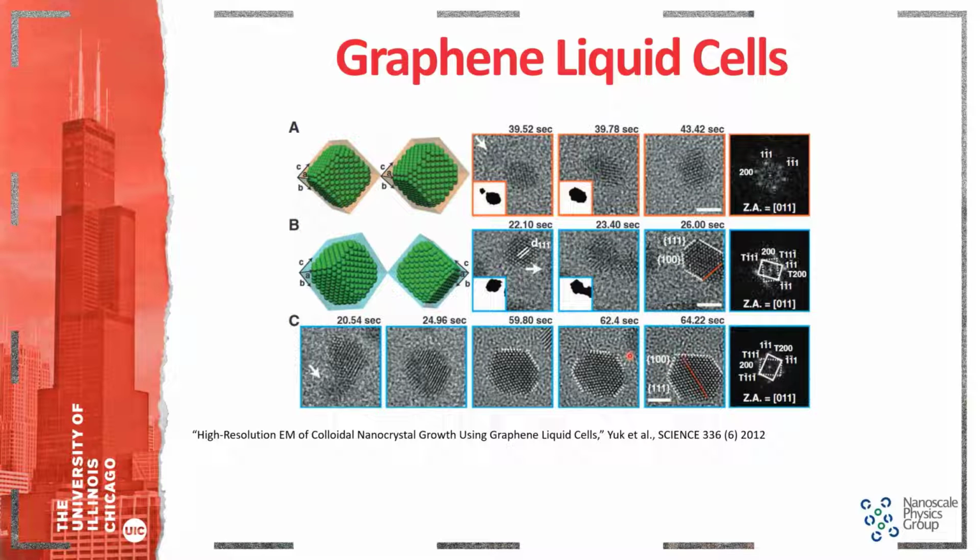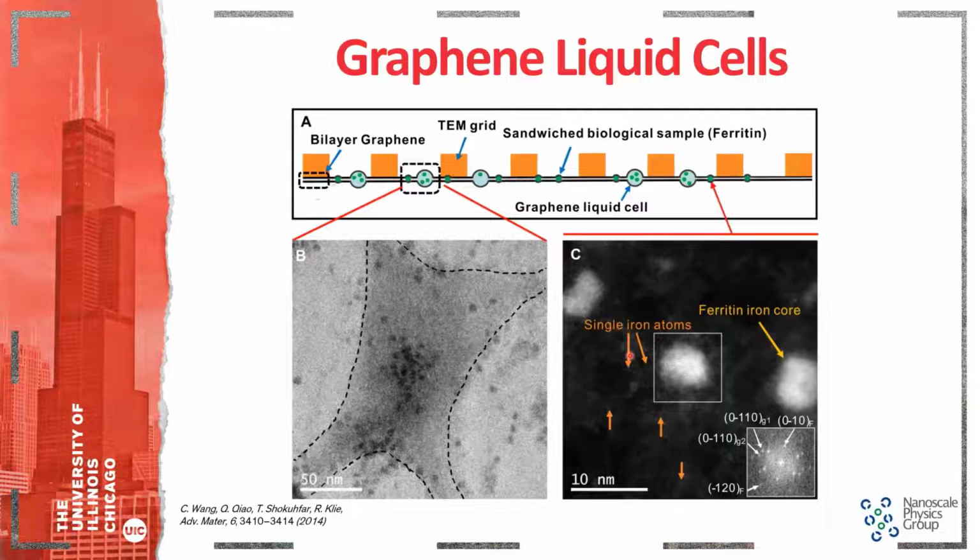We'll show you later on the inverse behavior, where we see the dissolution and corrosion of particles. And here is some work from our own group showing that you can do atomic resolution imaging of ferritin proteins in the scanning transmission electron microscope mode using these graphene liquid cells. You can really start to see individual atoms of iron in the graphene liquid cell.